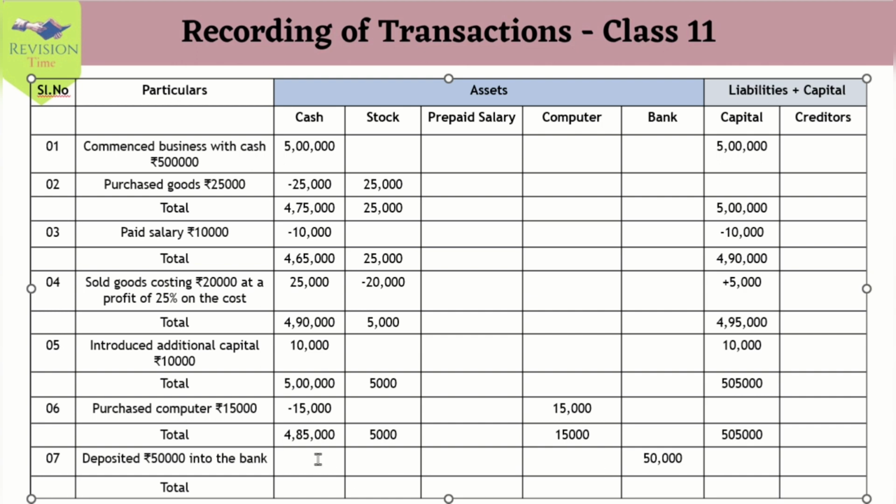Here 50,000 will be decreased because cash is going into bank, and we have cash of 4,35,000, 5,000 in form of goods, 15,000 in form of computer, 50,000 in bank account, and 5,05,000 capital.